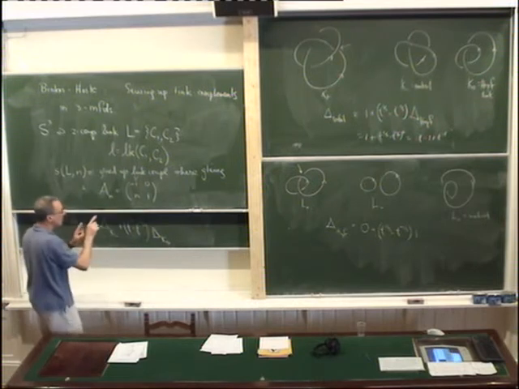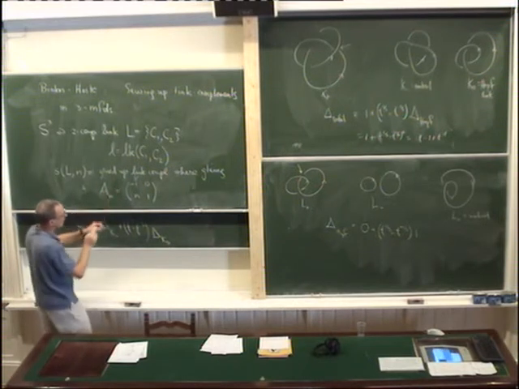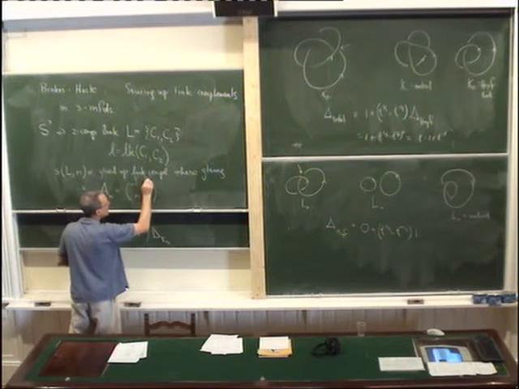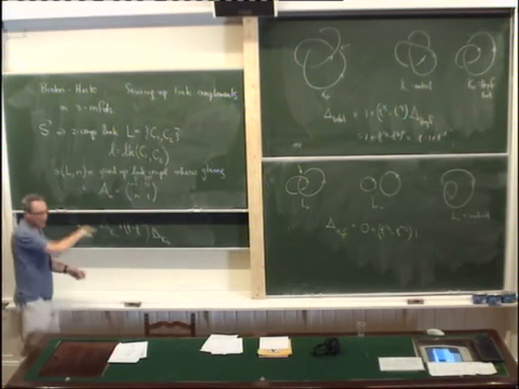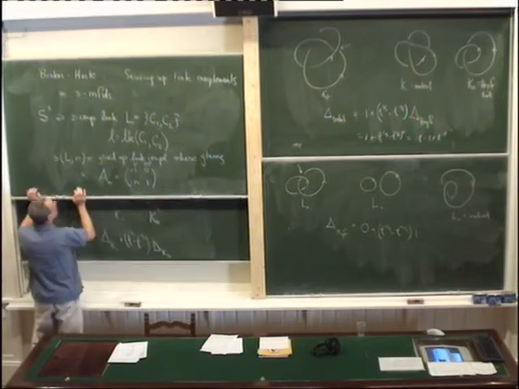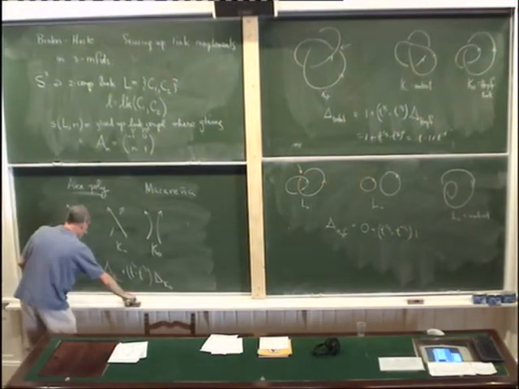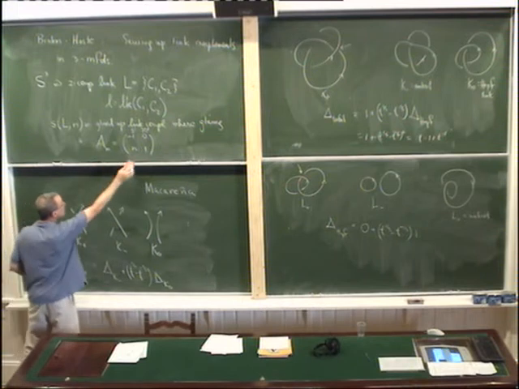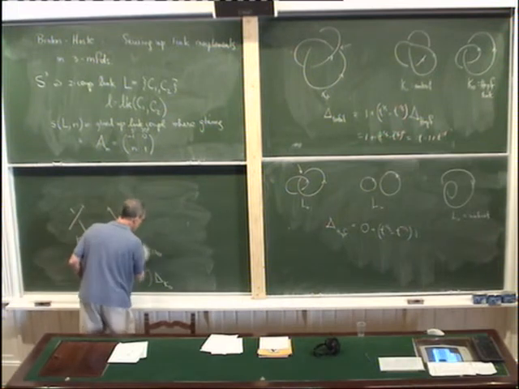So this S1 corresponds to the longitude of the knot, and this is the meridian. Same over here. Okay? And so it turns out if you do this, it's a simple exercise, if you use this gluing, to calculate the homology of what you get.